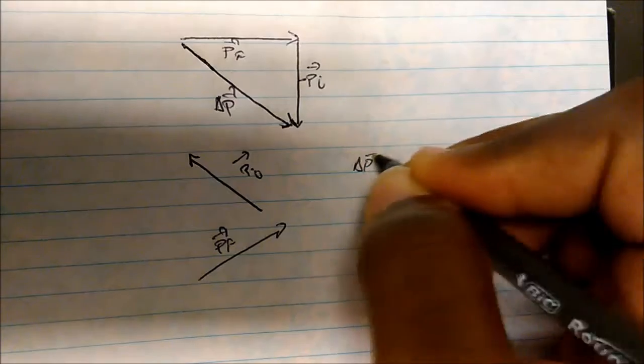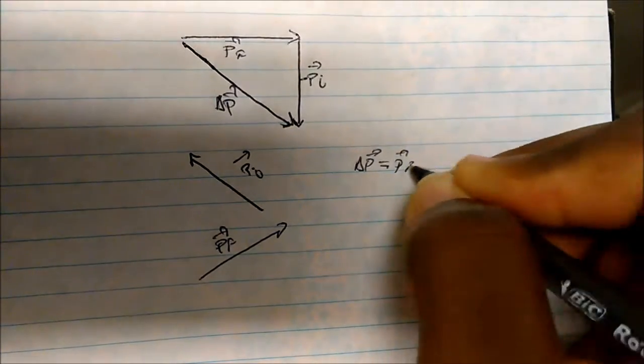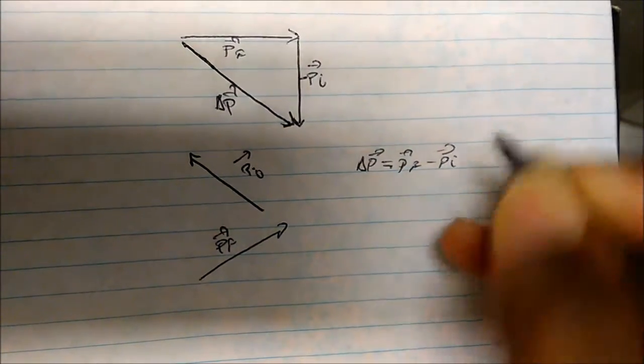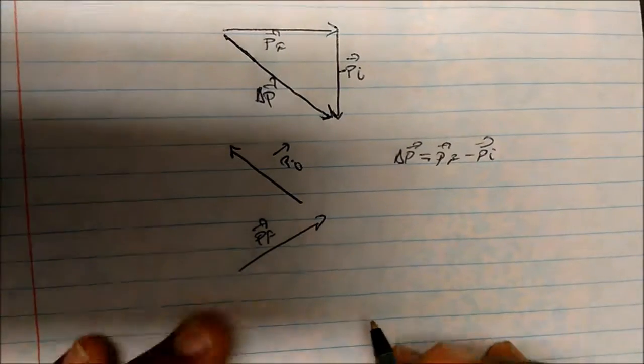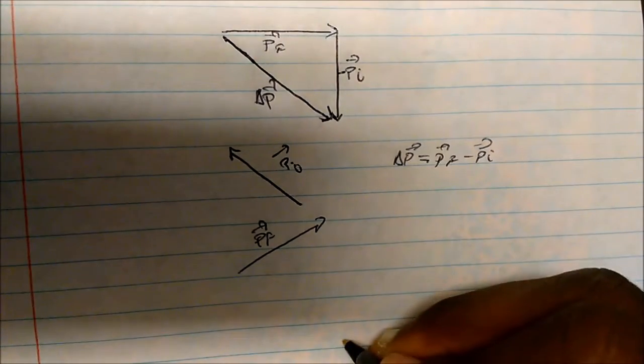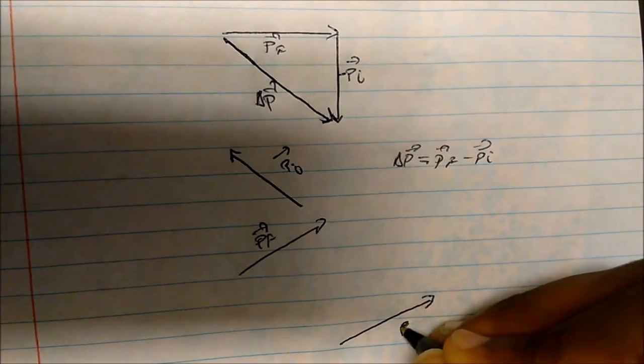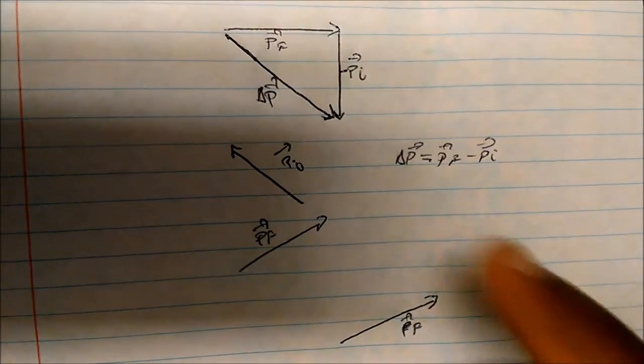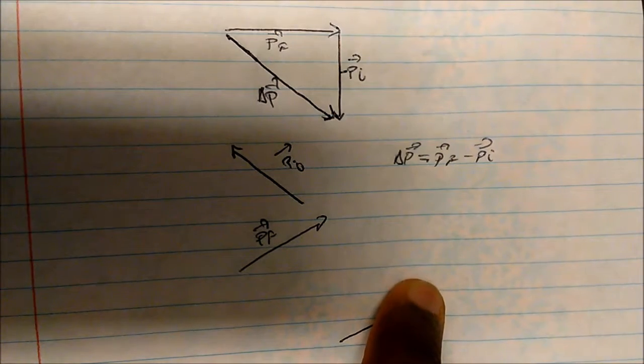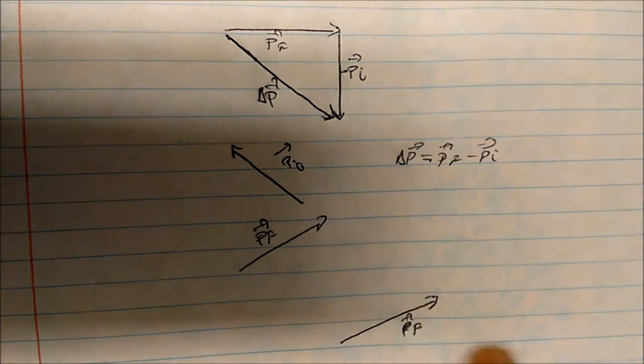Well, again, the net impulse, or the change in momentum, is equal to P final minus P initial. So if that is true, then I take P final just like it is. This is P final. I'm going to take the negative of P initial and stick the tail at the tip of P final.